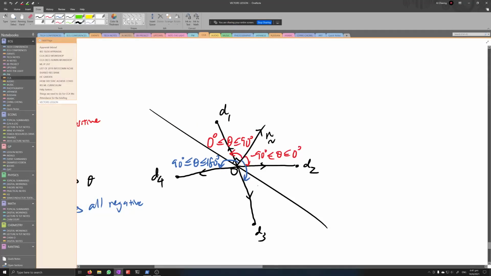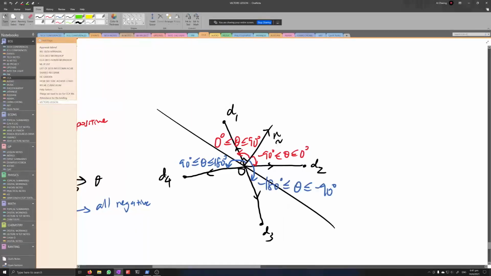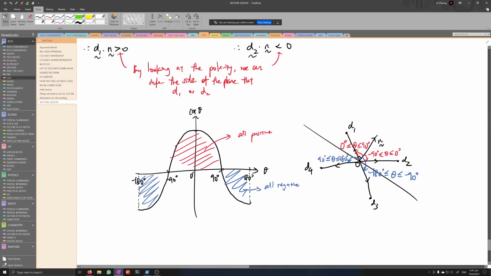To drop an angle here, it will be minus 180 degrees less than or equal to theta less than or equal to minus 90 degrees. Now if we look at the red region and the blue region, here is the region of D1, here is the region of D2, here is the region of D4, and here is the region of D3.